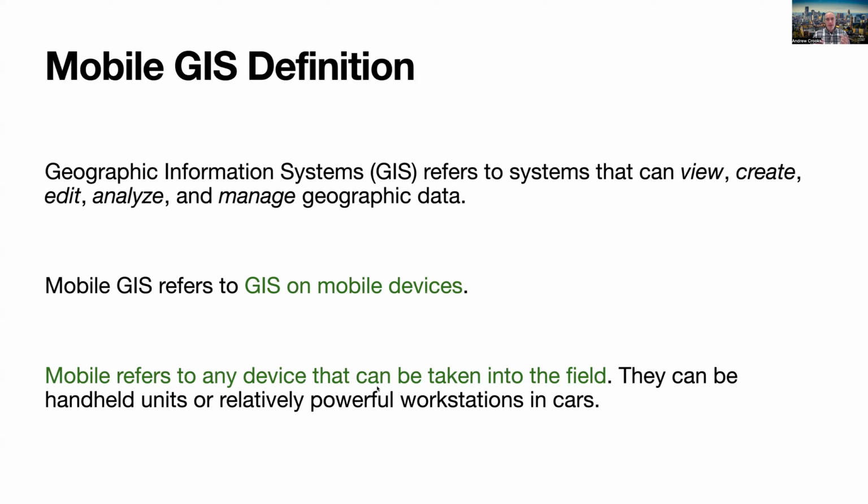Mobile GIS therefore refers to anything that we can take into the field, outside the office, often therefore handheld units or relatively powerful workstations that may be situated inside of cars, things like that.